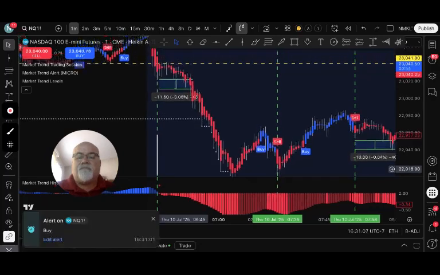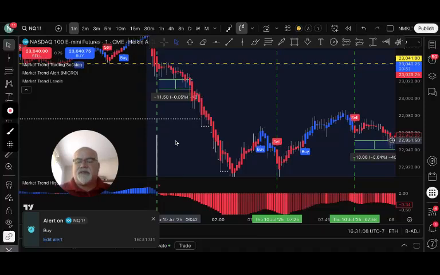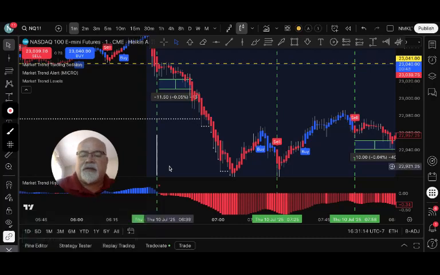So 5 out of 6 trades, okay? 5 out of 6 trades during the trading session. That is awesome, folks. 5 out of 6 trades. Now, if you did a 1-to-1, 5 wins times 400 is $2,000 minus the 1 loss.